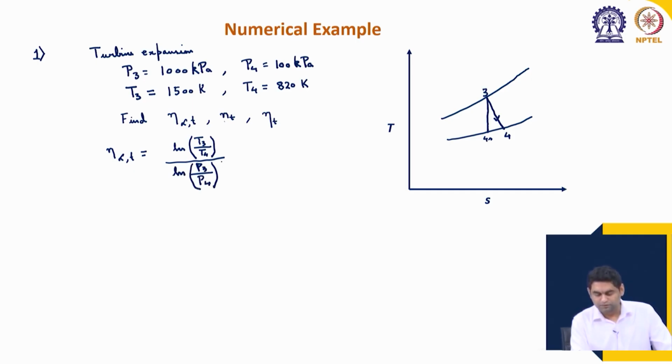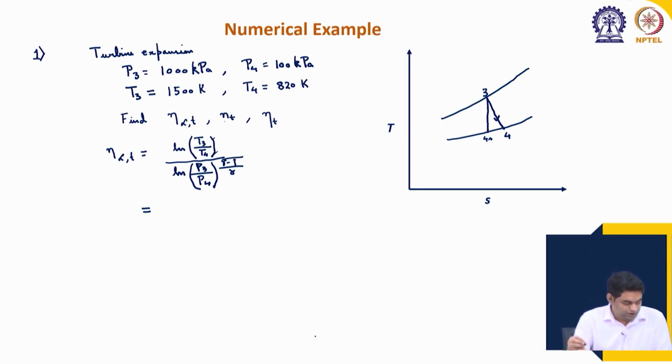Remember gamma is 1.4, okay. Till now we are considering that. So, from this we can find the value. T3 is 1500, T4 is 820, P3 is 1000 and P4 is 100.